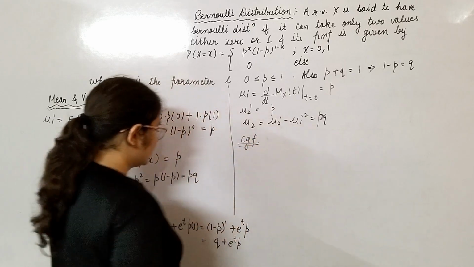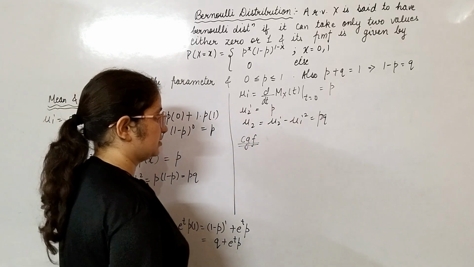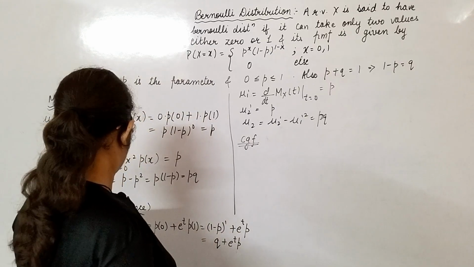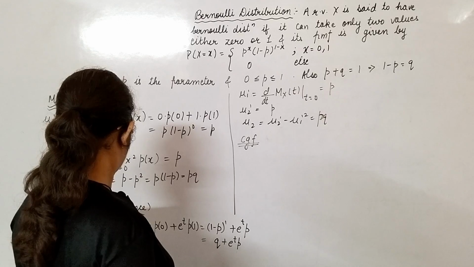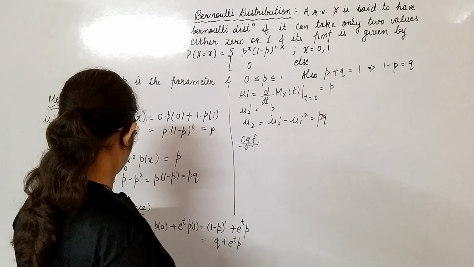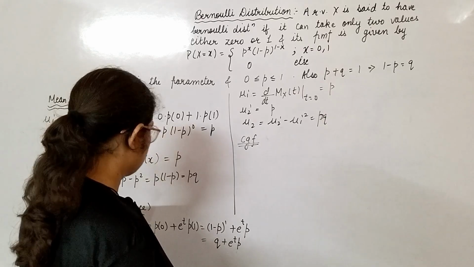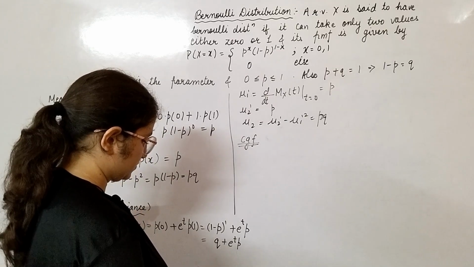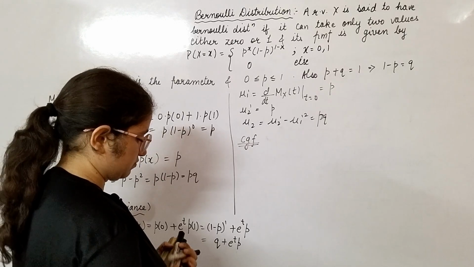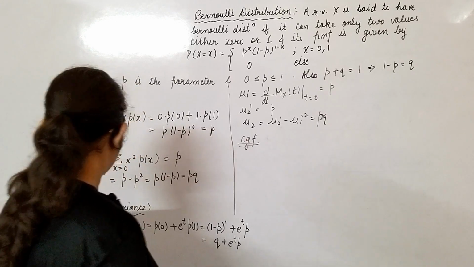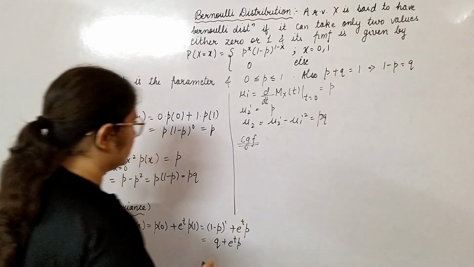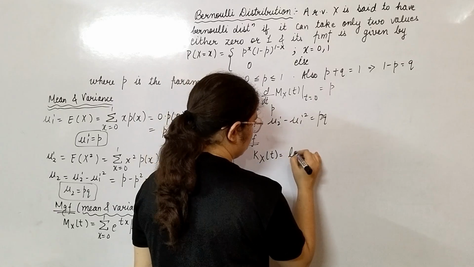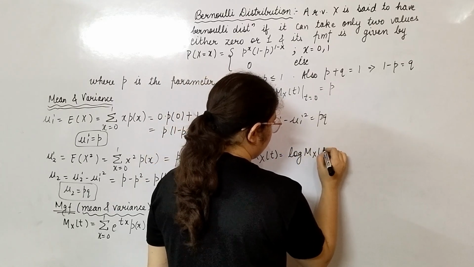Now by third is CGF method. Now CGF method में Kx(t) is equal to log of Mx(t).